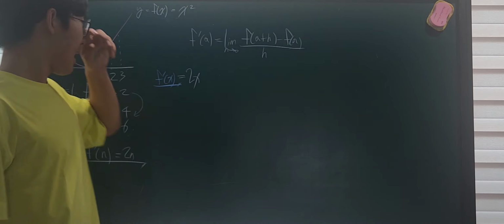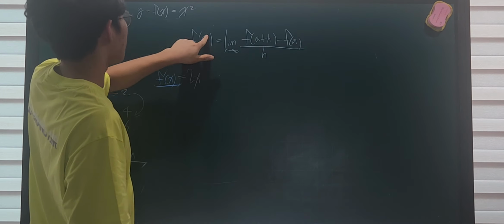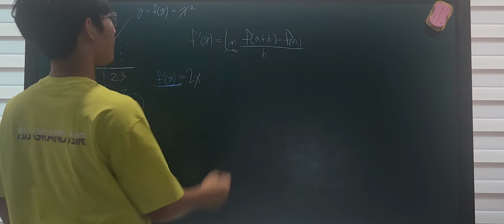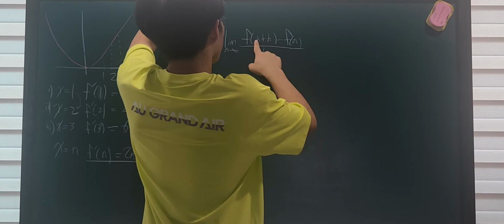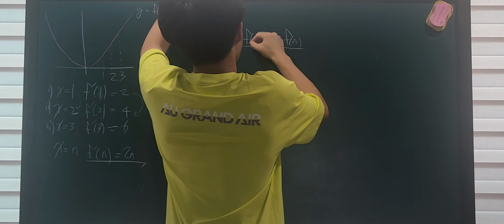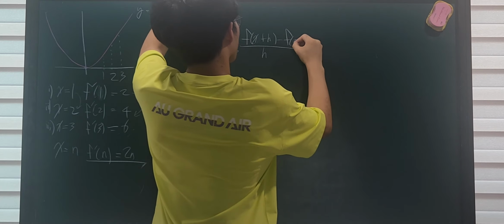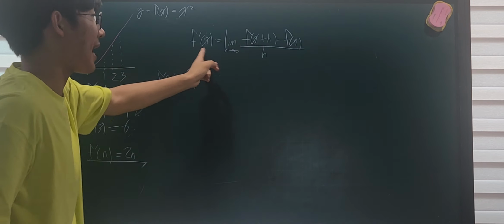However, now I want to calculate f prime x, the derivative function. That's simple. I just have to change a to x, I just have to substitute the a's by x's.